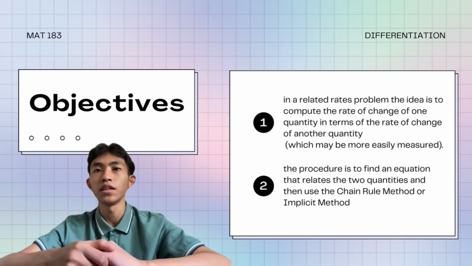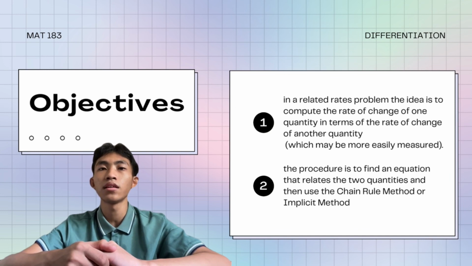The objective in a related rate problem is to compute the rate of change of one quantity in terms of the rate of change of another quantity. The procedure is to find an equation that relates the two quantities and then use the chain rule method or implicit method.